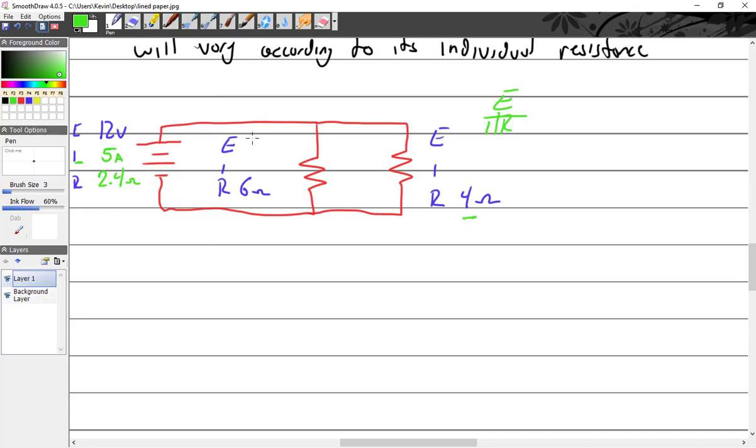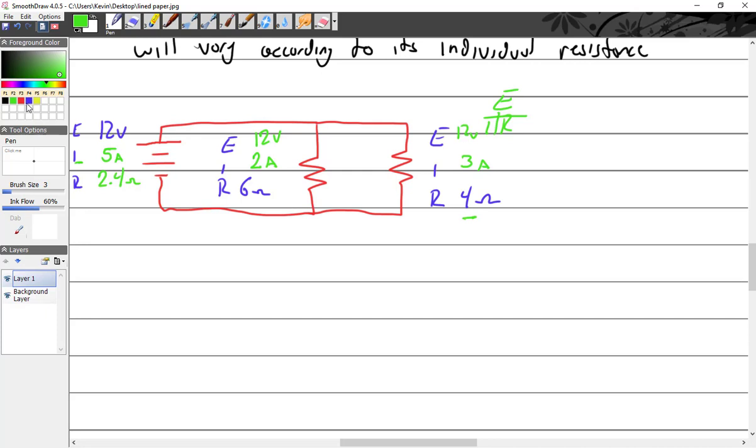I've got 12 volts and 12 volts, because the voltage stays the same. Now we divide out the amperage: 12 divided by 6 is 2 amps. That must be 3, because 6 times 2 is 12, and 4 times 3 is 12.